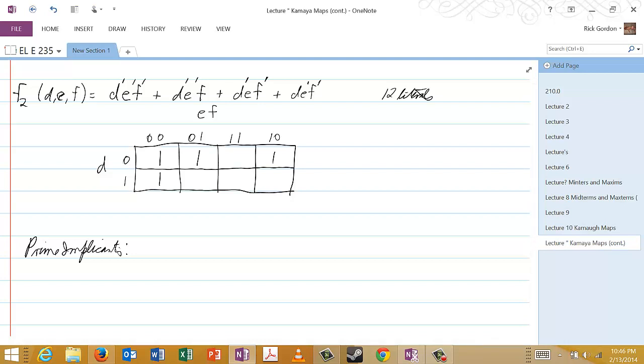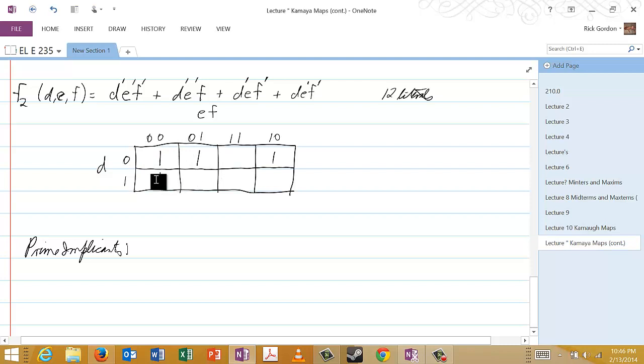Now notice, let me just make sure you understand how they could. If this one right here were in this position, then this would be a rectangular grouping of 4 one cells.